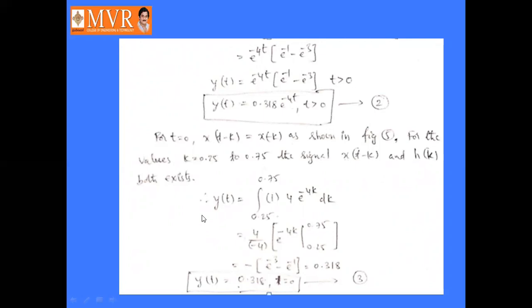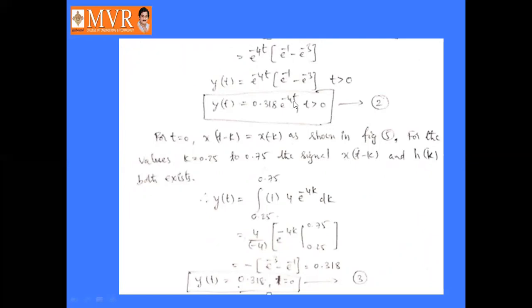Then y of t equals the integral from 0.25 to 0.75 of 1 into 4 into e power minus 4k dk, and by taking the integration we get y of t equal to 0.318 for t equal to 0.